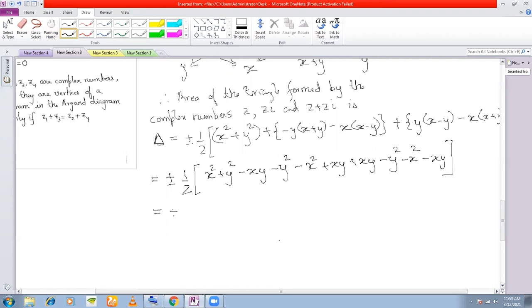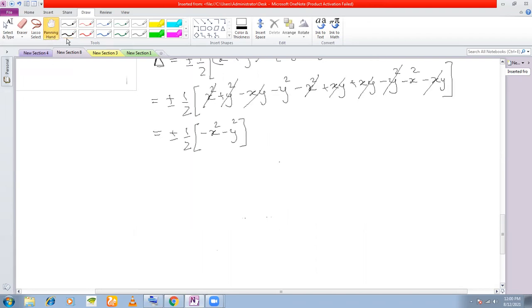Okay, plus or minus half of, plus x square cancels, plus y square minus y square cancels, minus xy plus xy cancels. Okay, anything else cancelling? xy should cancel these two. So what are you getting here? You're getting half of minus x square minus y square only.